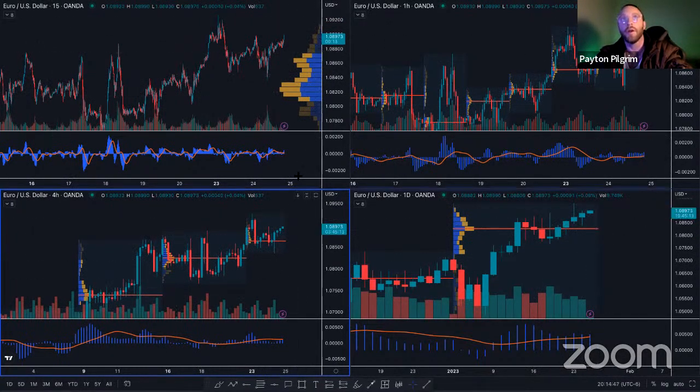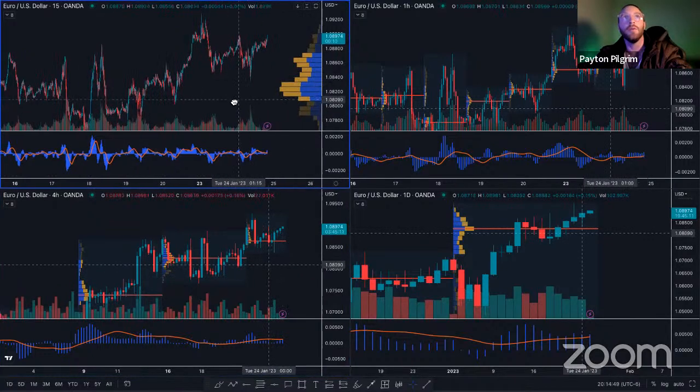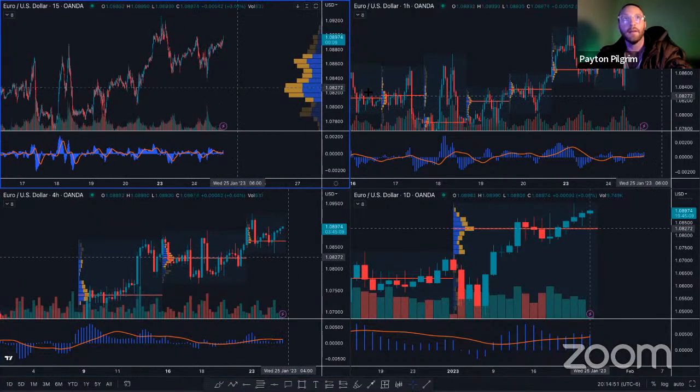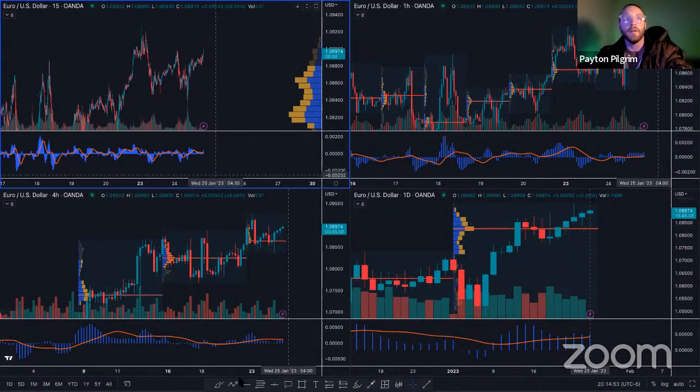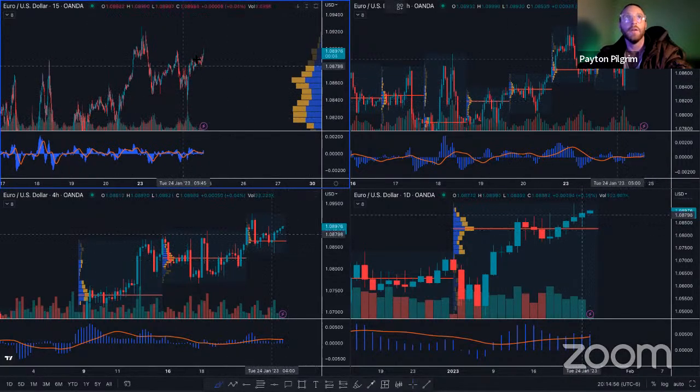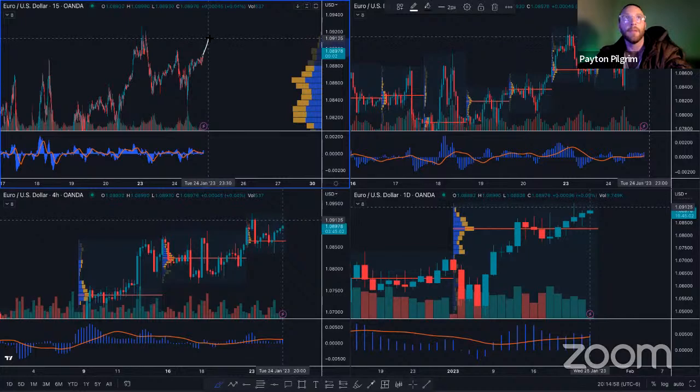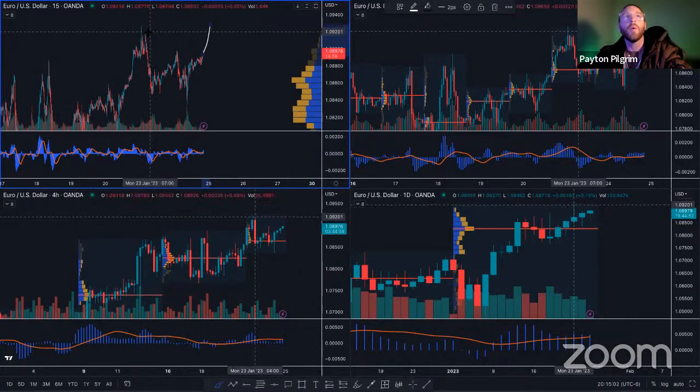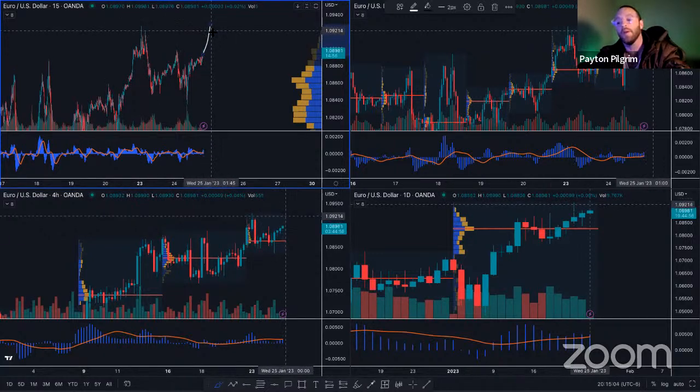there's really no trade for EU tomorrow unless this market starts to go to the upside here and really break this high and win it, or at least get really close to it.